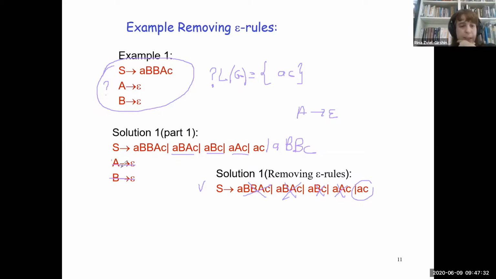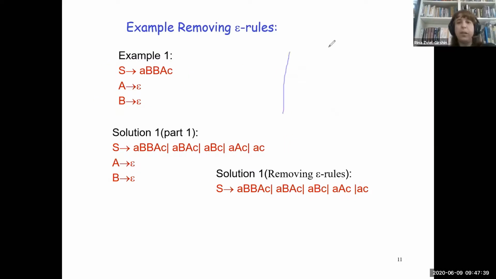If I eliminated A previously, then wait, let's clear all drawings. Then the solution will be simpler. Then I will have S derives A, B, B, A, C, and then I add the rule without A. And then if I saw that A derives epsilon is the only rule and I deleted A, then I can eliminate this one and the next step will be much simpler.